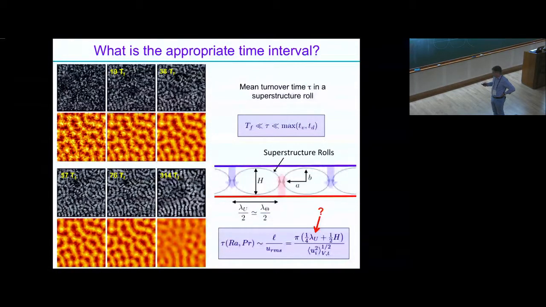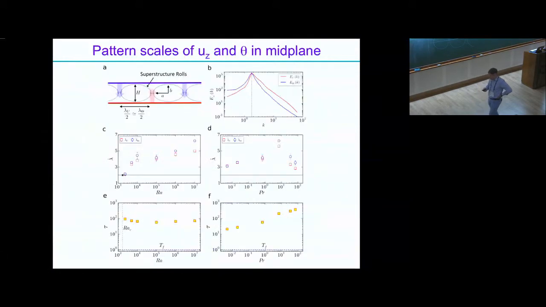So one thing is missing. We actually need that scale here. We know the height, but we don't know that pattern scale. And that answers hopefully the second question. So we have to determine this, and we have done it in several ways. One way is you are looking at the correlations of the fields, the spatial correlations in the two horizontal directions, or you are converting this whole midplane information, which we usually have taken, into a spectrum, which you see here for the velocity and for the temperature field.